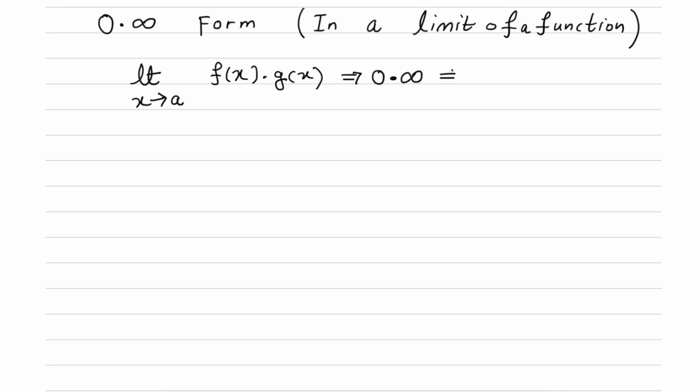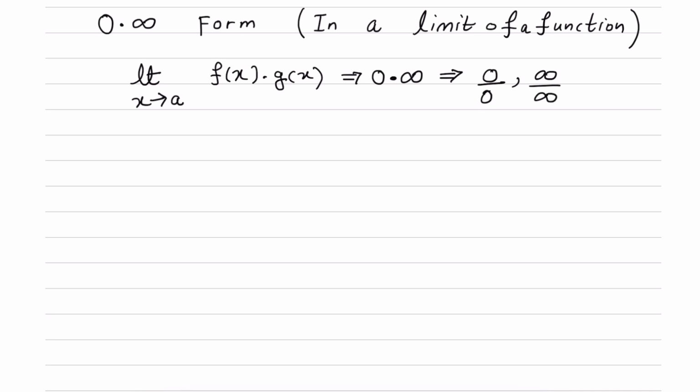Whenever this happens, you go back to your question and modify it in some way such that when you again apply the limit as x approaches a, you get either 0 by 0 or infinity by infinity form.